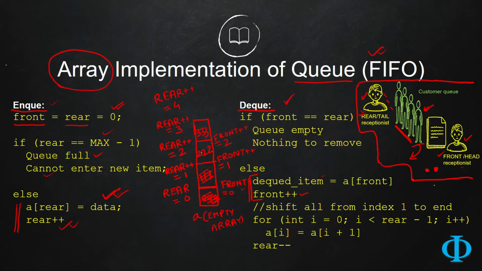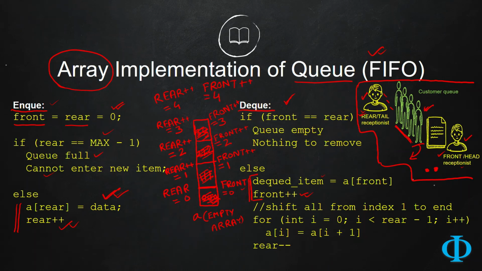Next time again the same, just delete 222 and increment front, and front will be front plus plus, that is 3 now. And finally when you delete this element, this 333 is also deleted, and using the same logic front is incremented. So now the value of front is front plus plus, that is equal to 4.